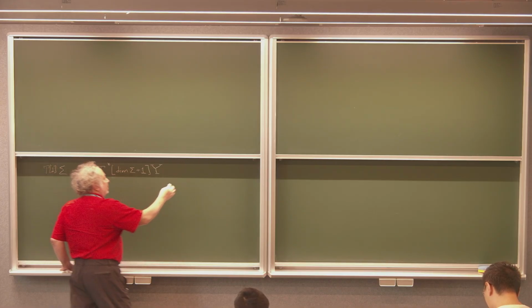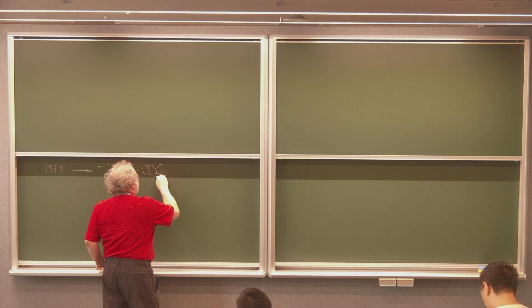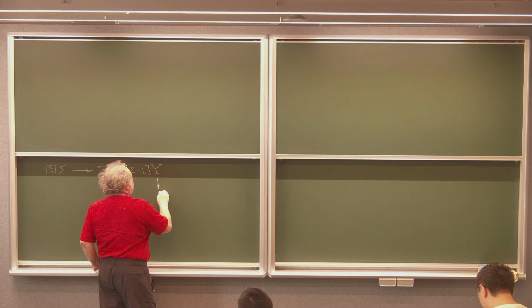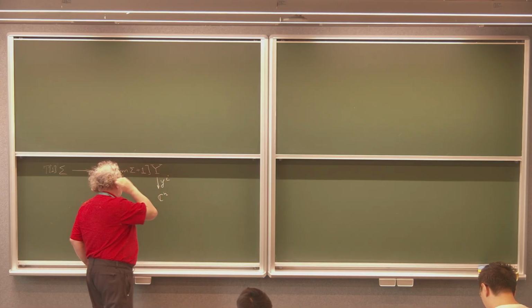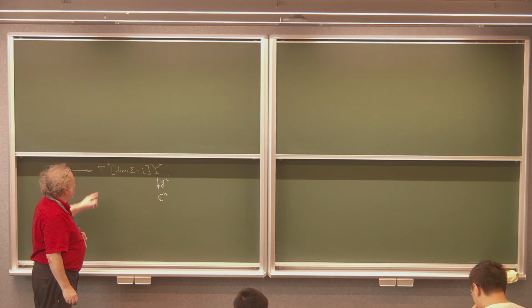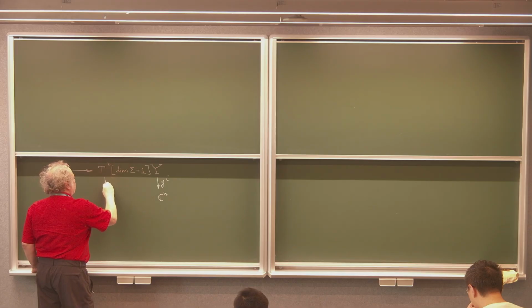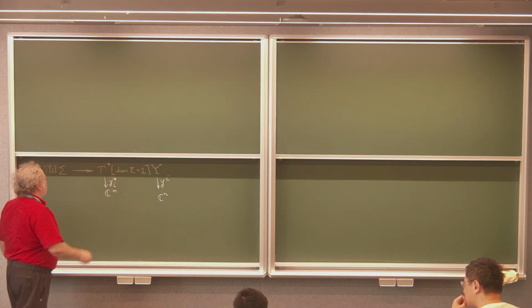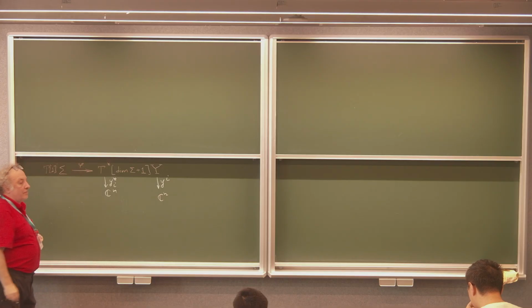We have Y. On Y, we have coordinates, and these maps are yi. On T star of Y, we also have coordinates, and let's call them y star. Here I have a map phi.